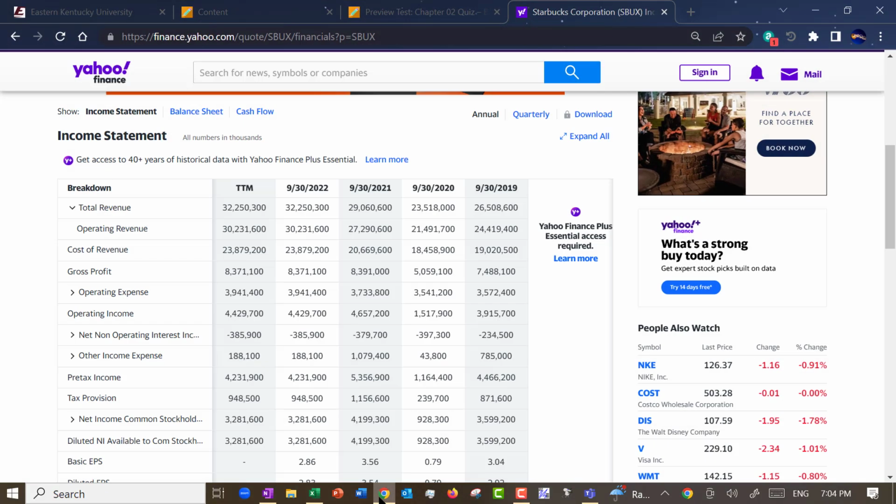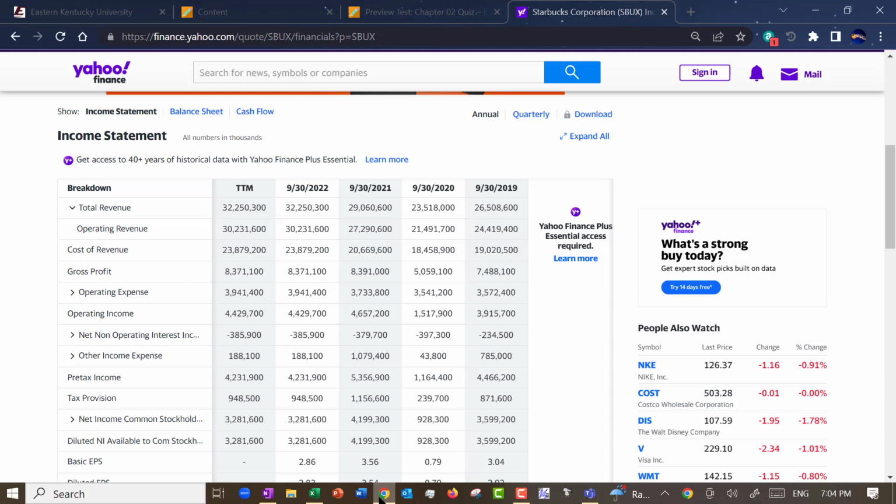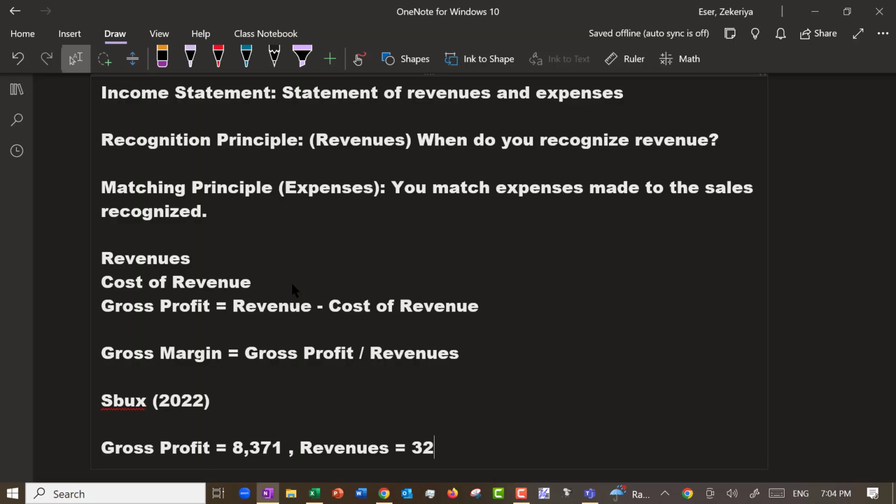8,3 something more. Man, that's all the lattes. Gross margin.